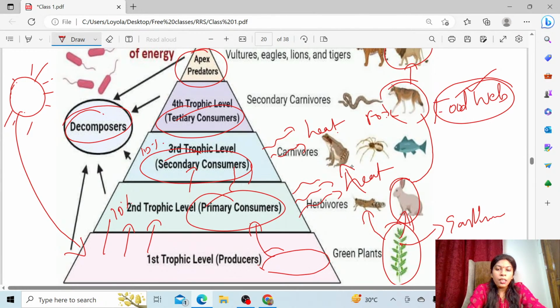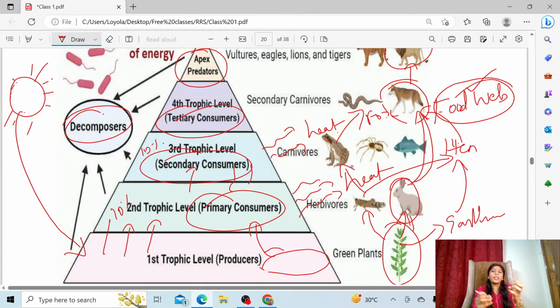If there is a hen, the grasshopper will be taken by hen also. Earthworm is taken by hen. Again, rabbit is taken by fox, frog is taken by snake, hen is taken by fox. Like this, it continues. There are a lot of interconnections, a web-like pattern which appears. This is called a food web.